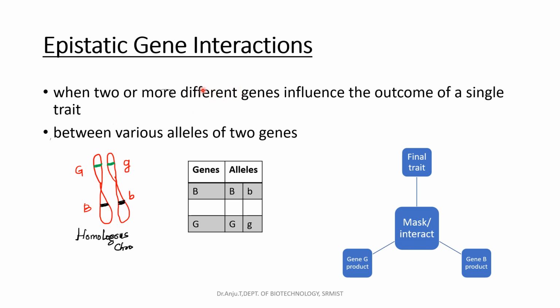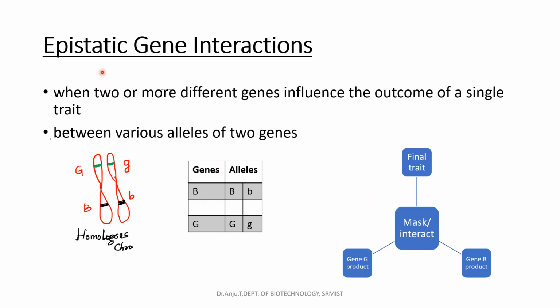Each gene has two alleles. These two are alleles of gene G, and these are alleles of gene B. But these are non-alleles. This is an allele of one gene, and this is an allele of the second gene. So they are non-allelic gene interactions.